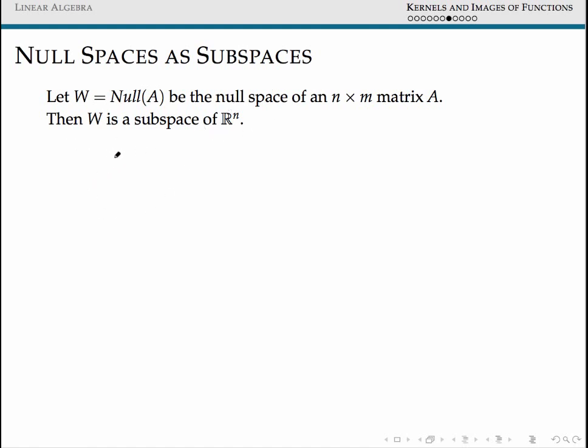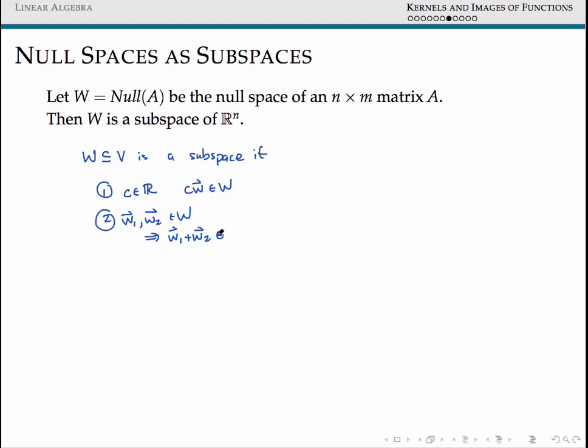To restate that, remember that W is a subspace if, 1, given any constant c inside our field, any scalar multiple of a vector is also inside that subspace, and 2, given any W1 and W2 both inside our subspace, we want W1 plus W2 to also be inside our subspace.